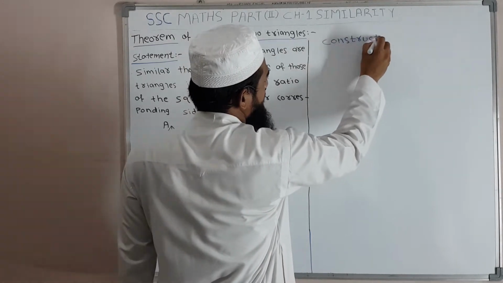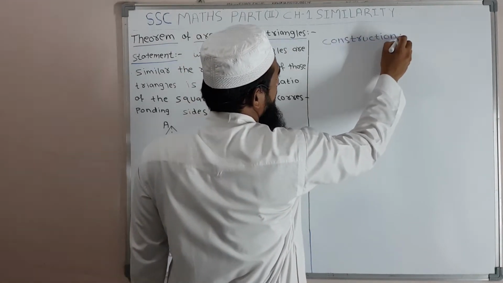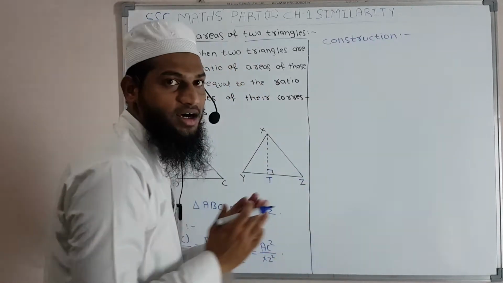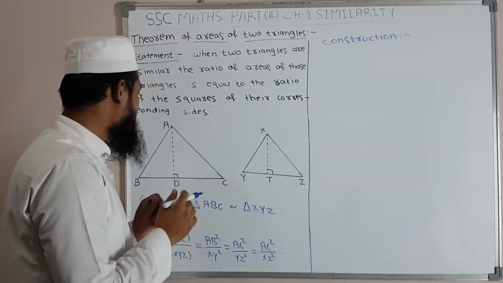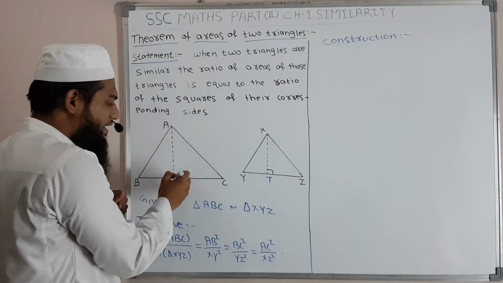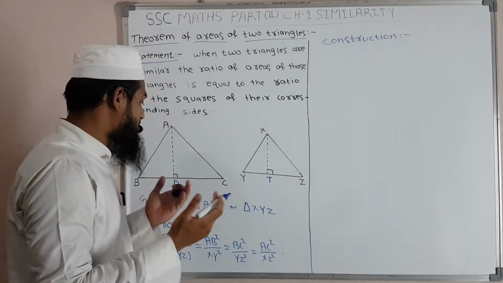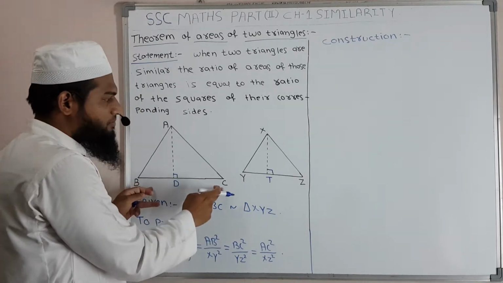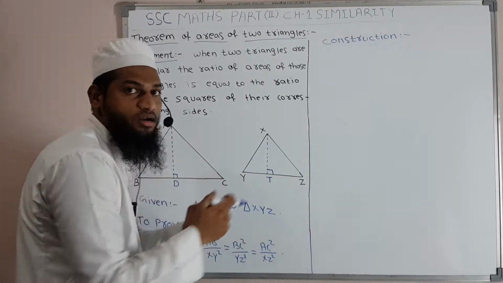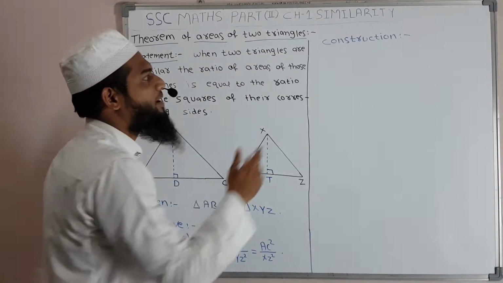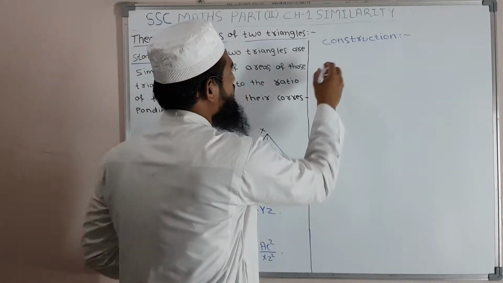In this figure I have done the construction. What is the construction here? I am drawing AD and XT such that AD is perpendicular to BC and XT is perpendicular to YZ. So I am writing the construction work here.